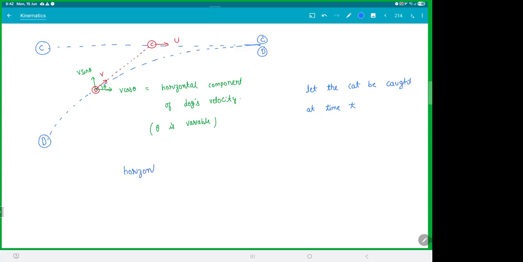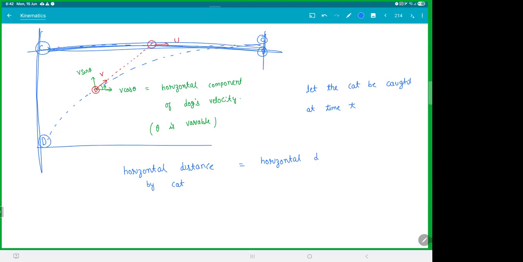Horizontal distance, not the same distance. So the horizontal distance traveled by the cat and the dog must be the same. Because initially they're on this line, finally they're here. So horizontally, this distance which I'm marking in blue, this must be the same. The x coordinate must be the same.